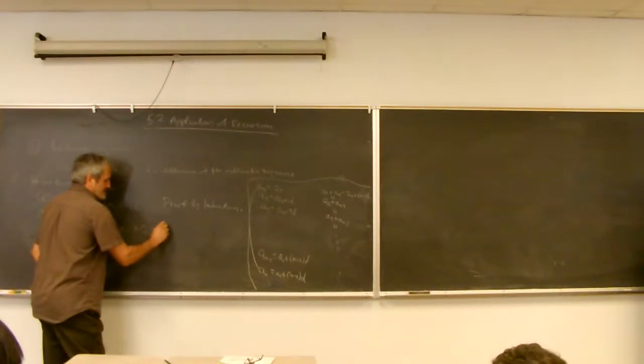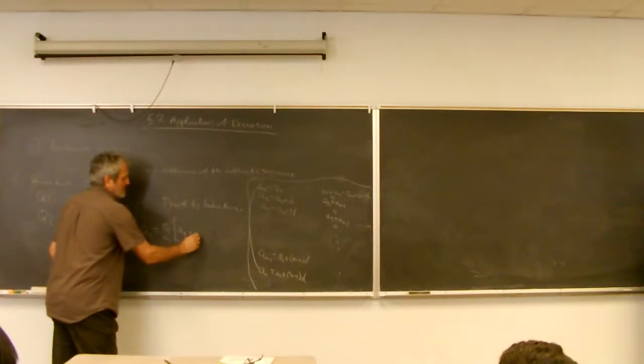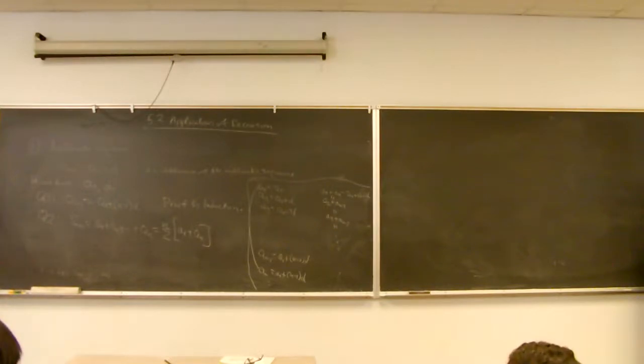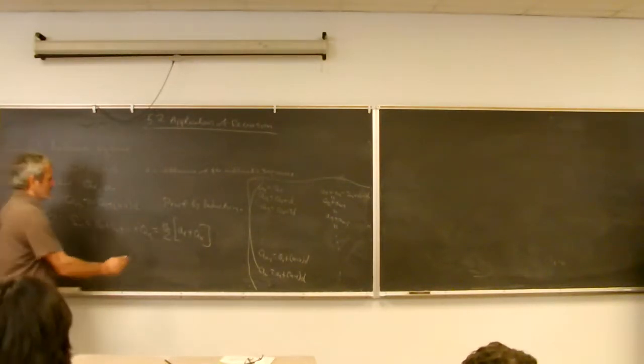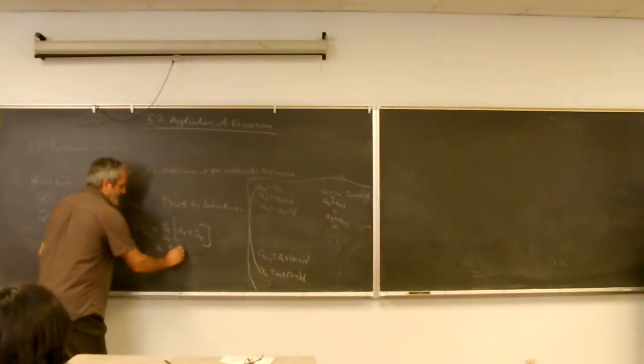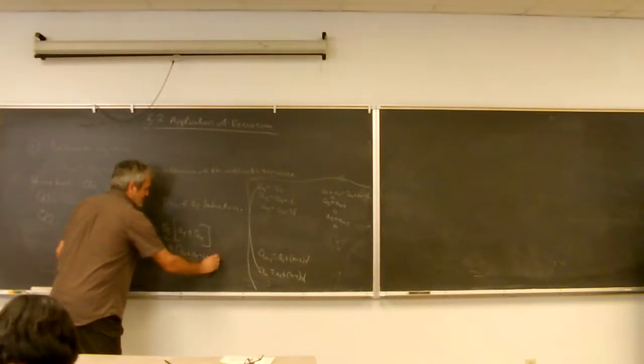How many pairs? n halves. And which pair do I take? I'll take the first and the last. So n over 2 times (a_1 plus a_n), or in more detail, n over 2 times (a_1 plus a_1 plus (n minus 1)d).